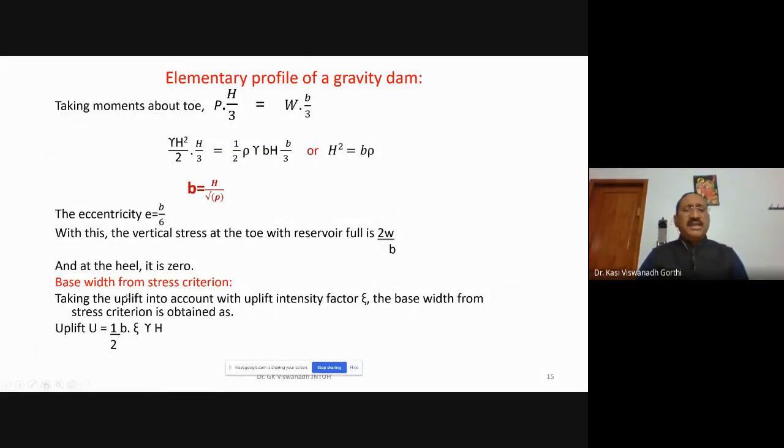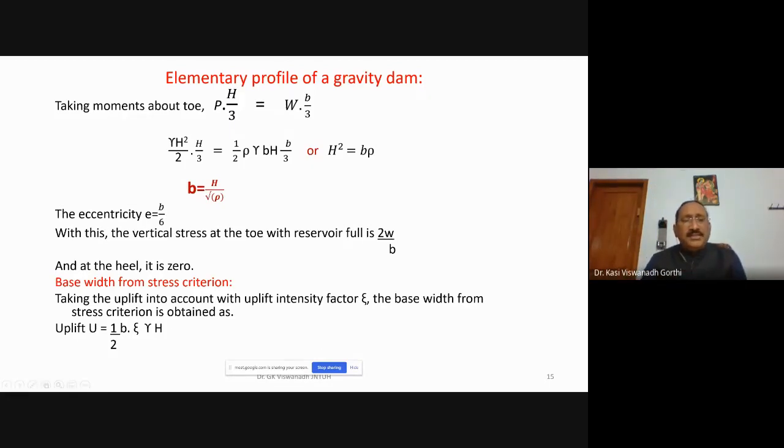From the stress criterion, take the uplift also into account with the uplift intensity factor zeta, and the base width from the stress criterion can also be obtained. So how do we estimate this uplift pressure? Once again, there will be an uplift intensity diagram. The uplift pressure intensity diagram is a triangular distribution.